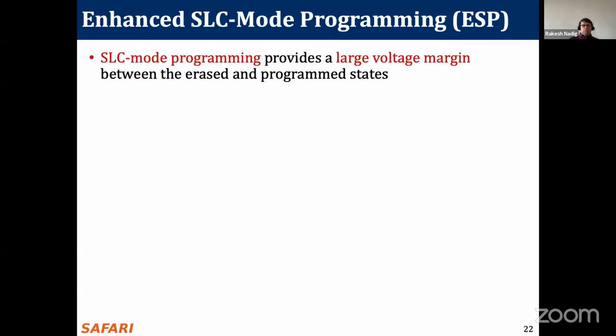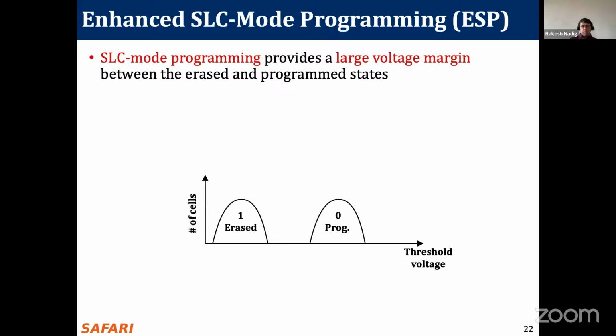SLC mode programming provides a large voltage margin between the erased and the programmed states. So if this is a distribution of cells in an SLC word line, some cells are in the erased state and some cells are in the programmed state, and there is a large voltage margin between the two states.